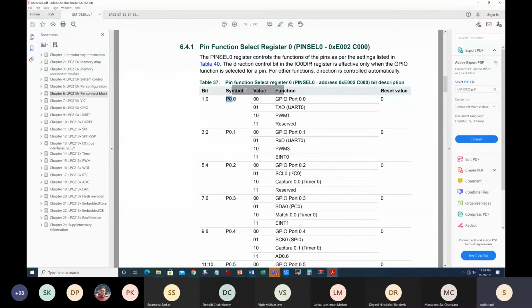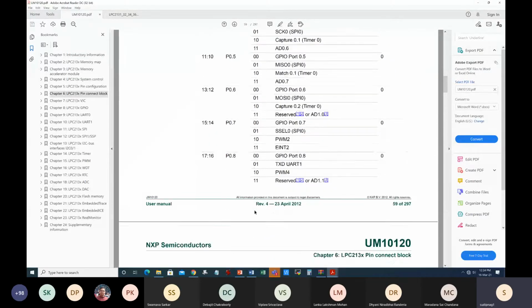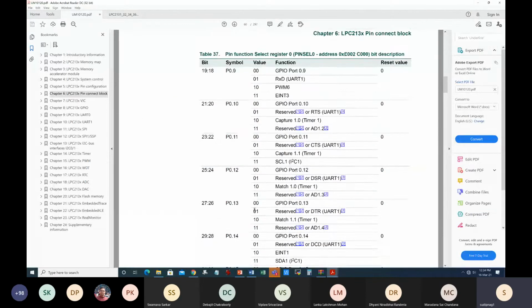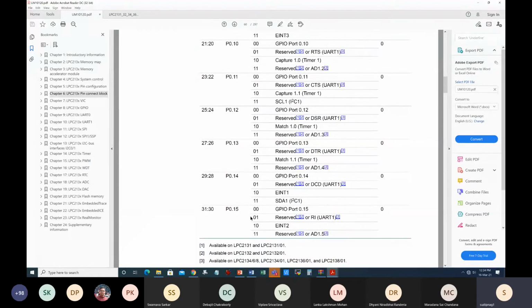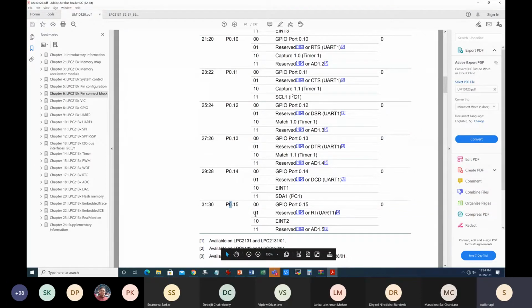Port 0 has port 0.0 to port 0.31. If I keep on scrolling this list, I am still within pin cell 0, and pin cell 0 can accommodate only up to P0.15. That indicates you need more bits to configure the remaining pins of port 0, port 0.16 to port 0.31. So that's why pin cell 1 is there.